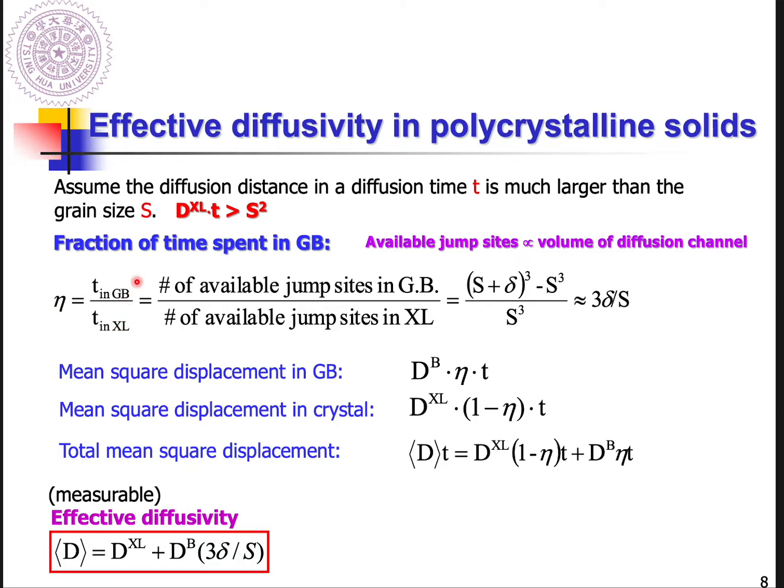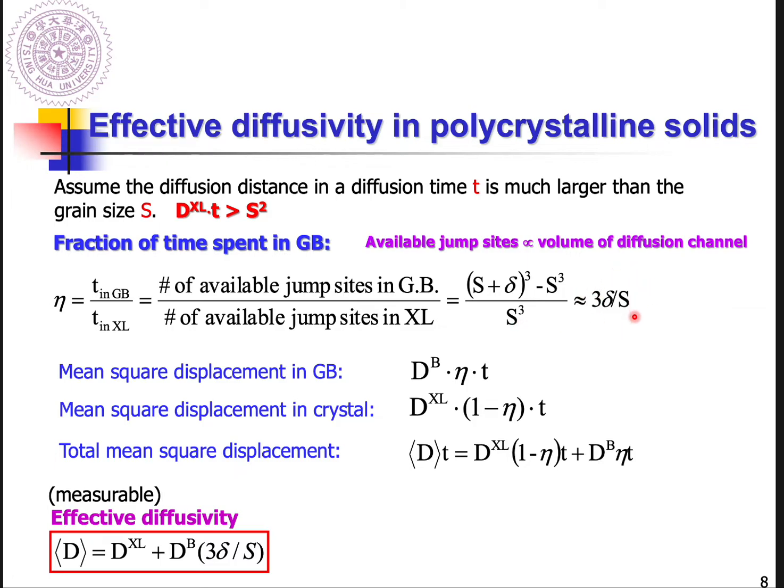So now we know the ratio, and this ratio must be proportional to the available jump sites and also proportional to the fractional volume of the grain boundary versus the grain. So based on this concept, we get the volume fraction of the grain boundary divided by the volume fraction of the grain. So you got this ratio.